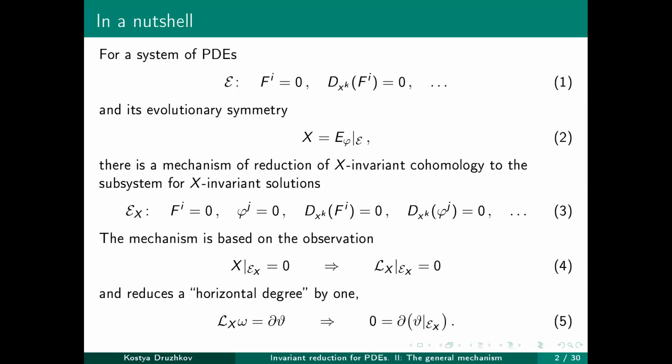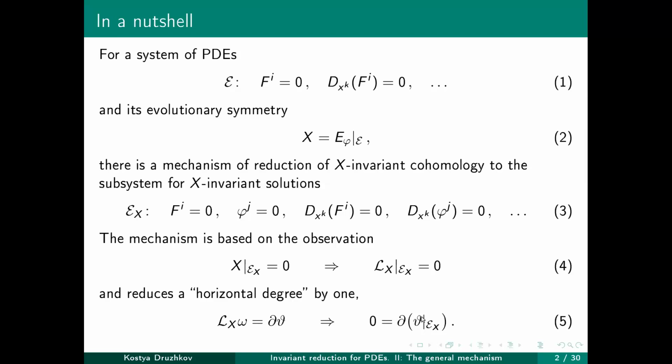So on the left-hand side here we have this Lie derivative, and on the right-hand side we have some coboundary. This formula precisely expresses the idea that the cohomology element is invariant, nothing else. But one can see that we can actually restrict this formula to the subsystem epsilon x, and on the left-hand side we get 0 because the Lie derivative vanishes.